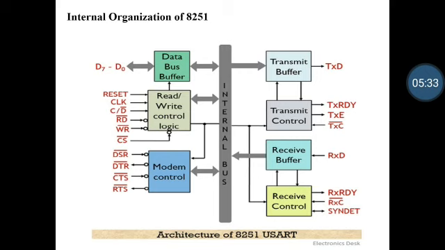Now we are discussing the processor, that is the 8251. 8251 is the USART, that we already discussed. So this is the internal organization of 8251. You can see in the figure the same blocks which are present in all processors, that is the data bus buffer and read write control logic.